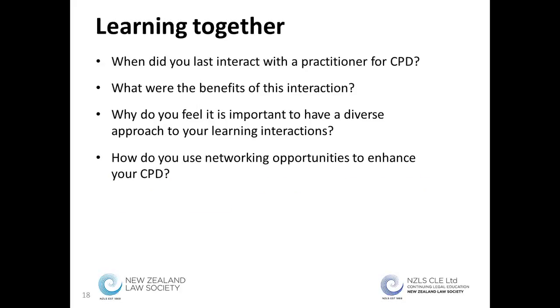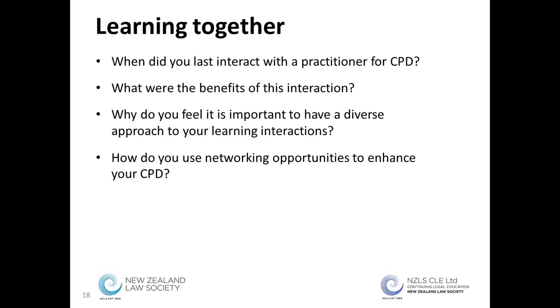So here's a template a practitioner could adopt in working and learning with and from others. One, when did you last interact with a practitioner for CPD? What were the benefits of this interaction? Why do you feel it is important to have a diverse approach to your learning interactions?